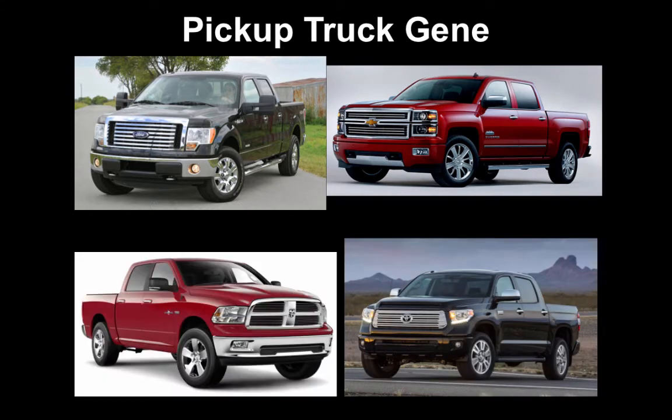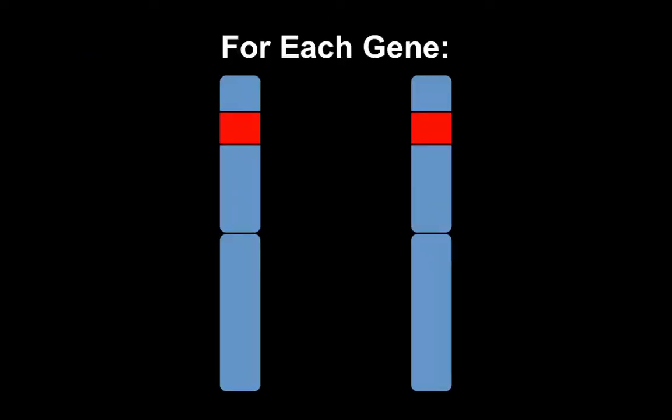There's a whole bunch of different versions of pickup trucks. So even though pickup truck is a gene, all of these different versions would be alleles. Okay, so for each gene, we can have two alleles. And these can be the same alleles or they can be different. And that's going to be a big thing here in genetics.